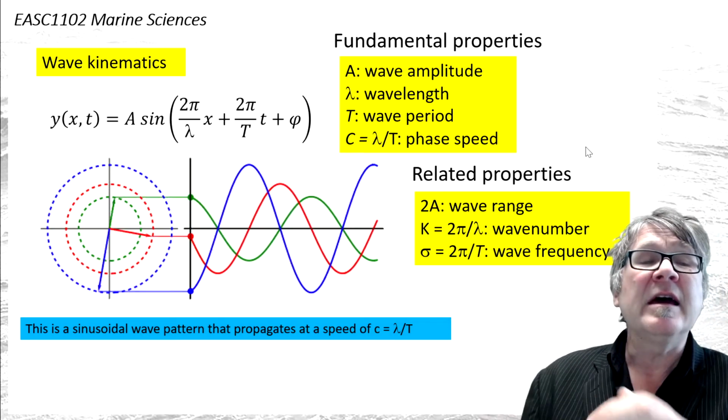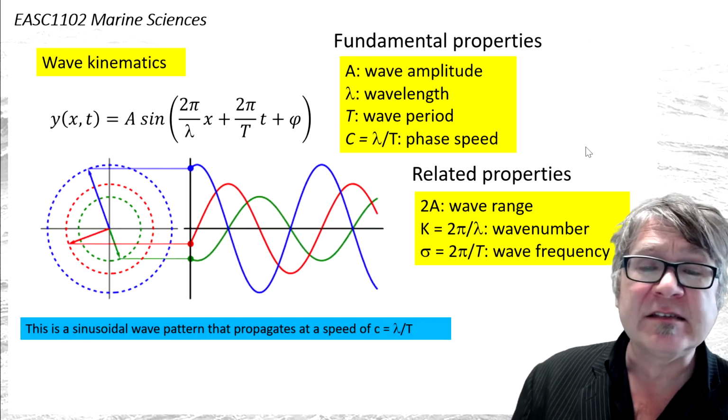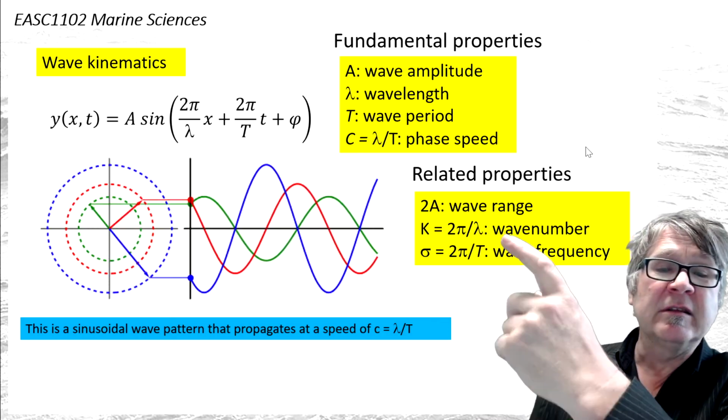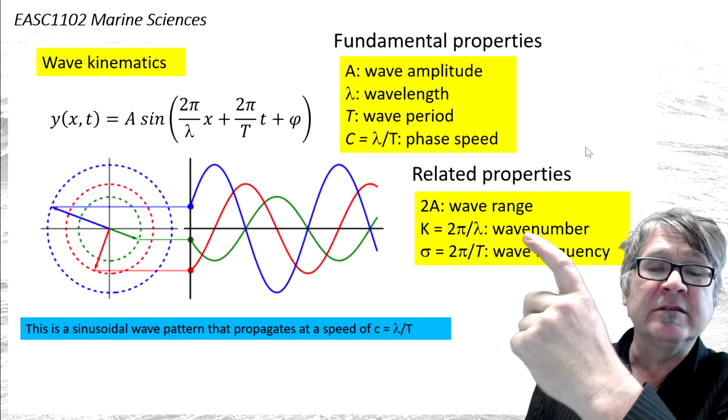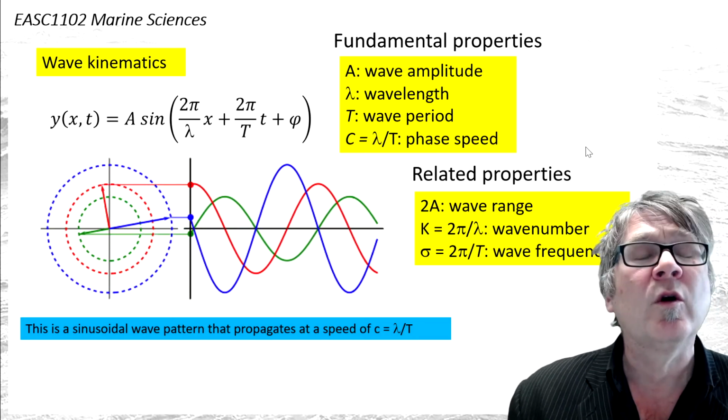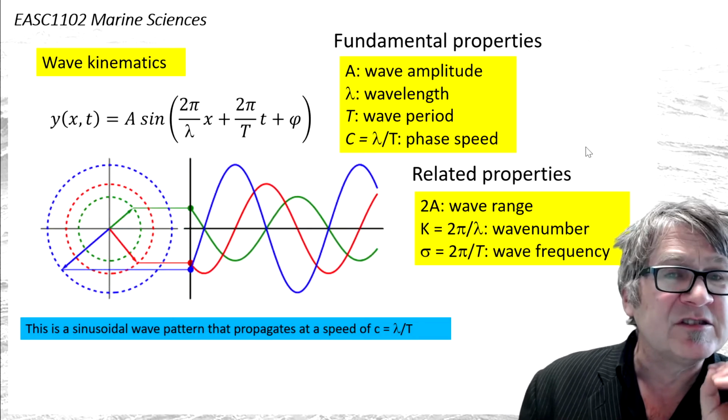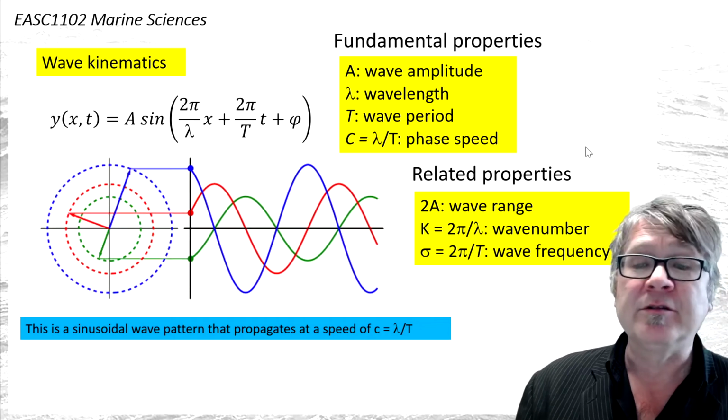Then you can also have a phase, which is this little additional symbol there, and this one just tells you what is at time zero, what is the start amplitude.